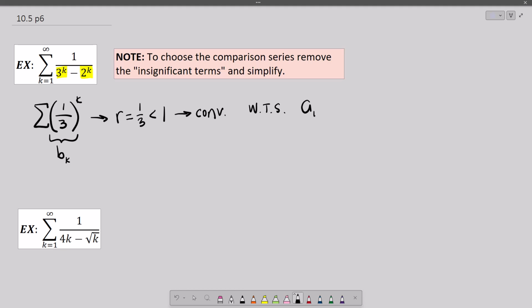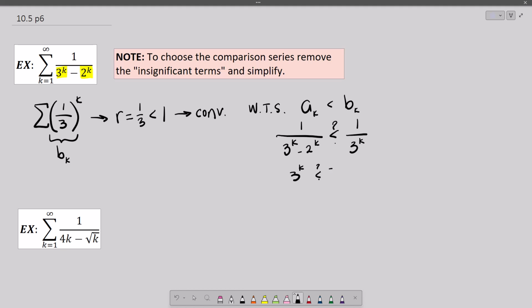So what we want to show, once again, if the b sub k series converges, we're hoping that the a sub k series converges, and we're hoping that we can show this inequality. This would make our lives the simplest. Will it give us what we want?